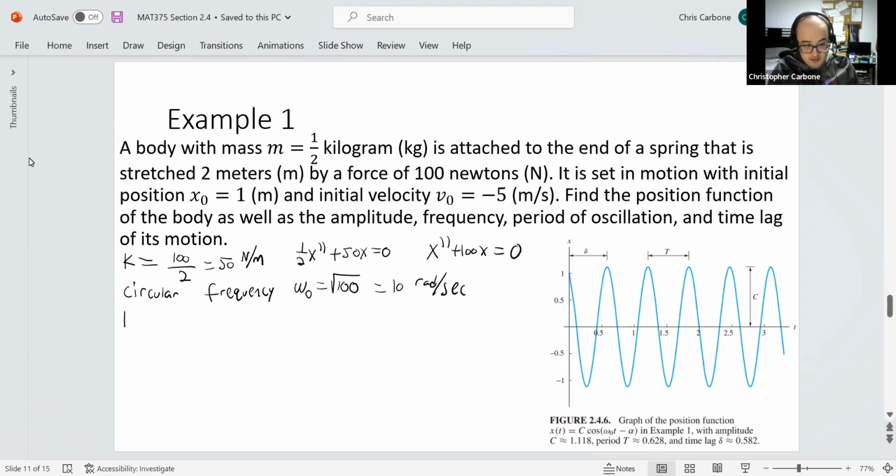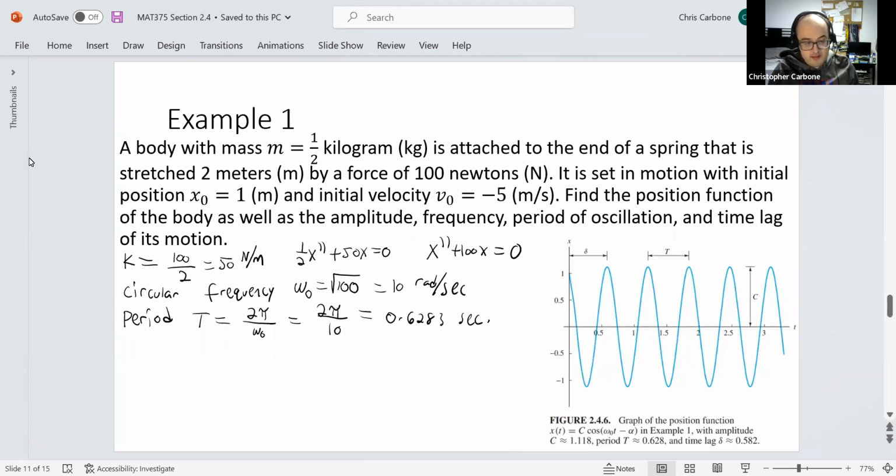And the oscillation that we would have, the period for that, would be T is equal to 2 pi over omega sub 0. So 2 pi over 10, aka pi over 5. That is about 0.6283 seconds.